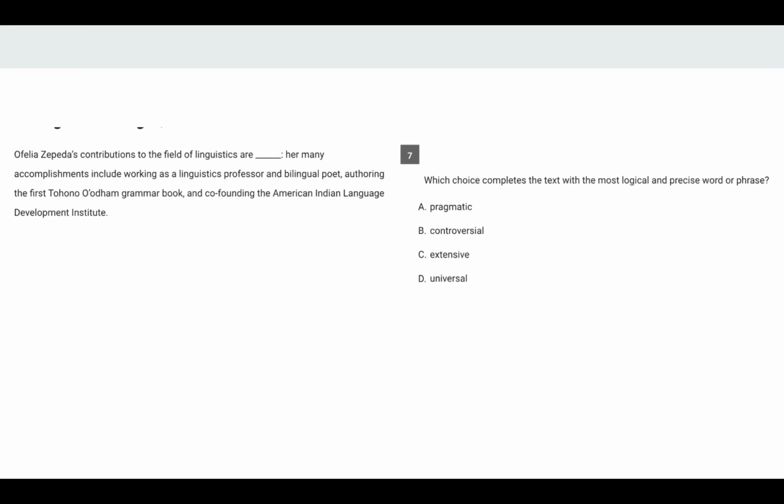Controversial. Controversial means that it kind of argues with the ideas that are held by the majority, or disagrees with some idea or belief that is held by the majority. But that's not the case.